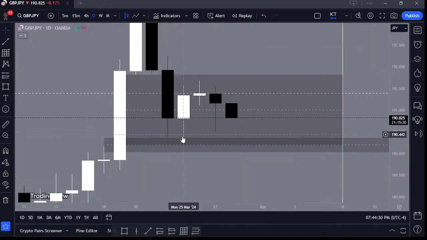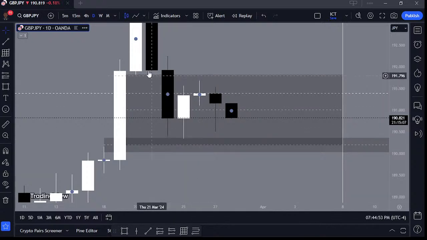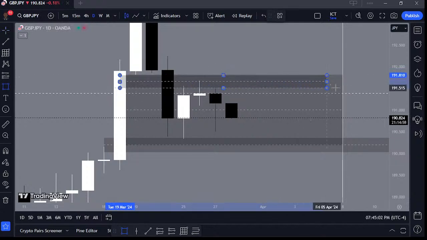This fair value gap didn't push high, but after creating it, price took Monday's liquidity, took Friday's liquidity, and tapped onto this fair value gap, which pushed the market high, creating another fair value gap here, which is pretty good.